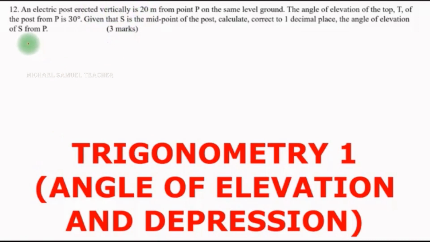So let me draw this to represent the electric post. And then it is 20 meters from point P on the level ground.